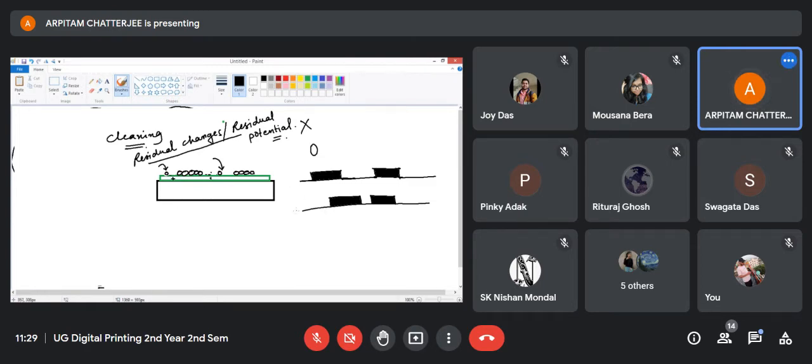Instead of what is required for the next job, you may end up getting a result like this. And these two which got printed are not actually a part of this job, but the residual part of the previous job. To avoid such circumstances, we use the cleaning process.